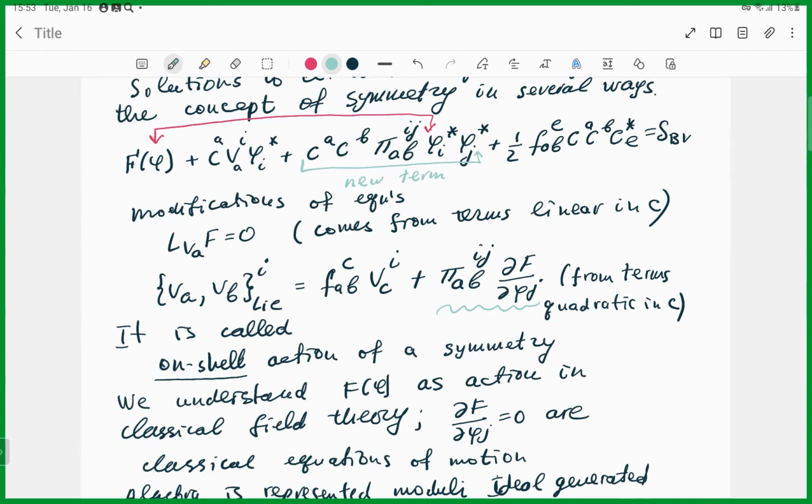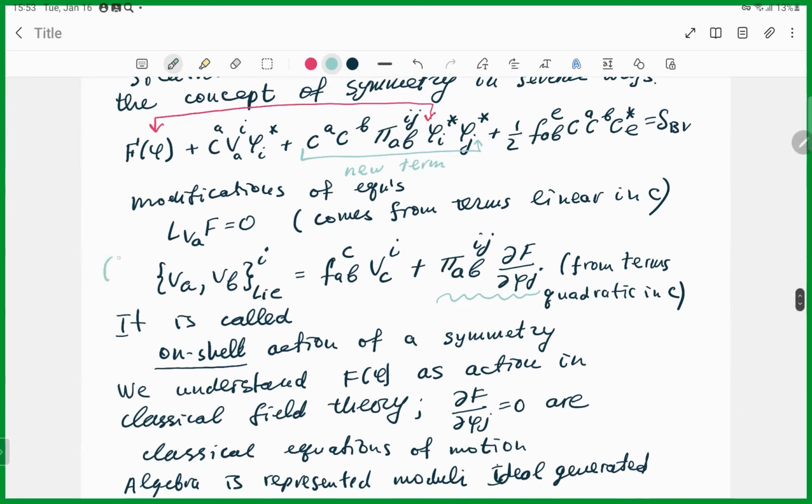And here, in this equation, we have a new phenomenon. The commutator of symmetries depends on f that is invariant. So this equation mixes together invariance and symmetries. So that's why it's kind of a new phenomenon, I would say, in mathematics.